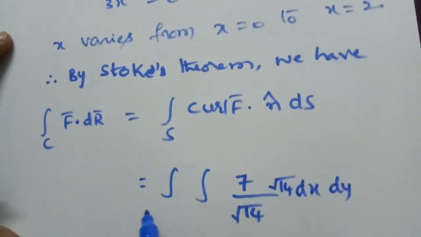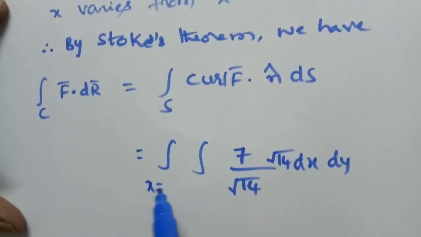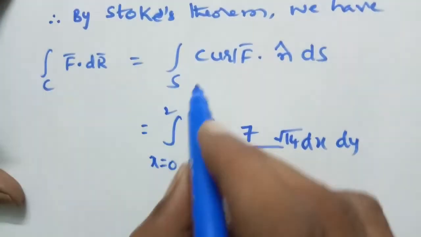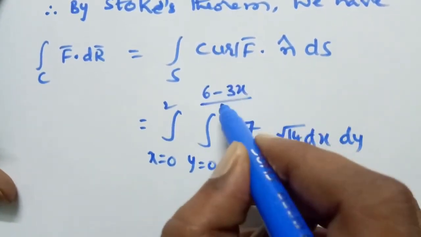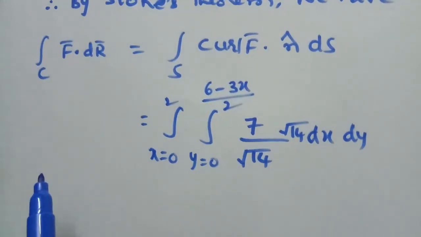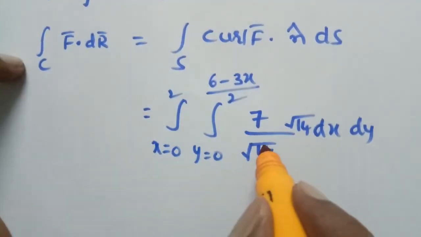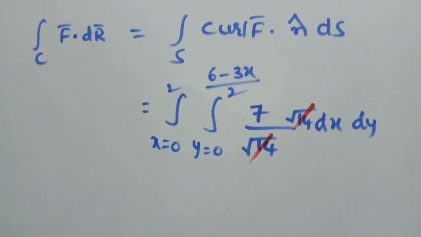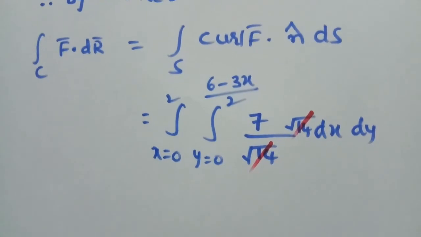And x varies from 0 to 2, y varies from 0 to (6 minus 3x) by 2. Here root 14 gets cancelled. Therefore, this is equal to 7 times.